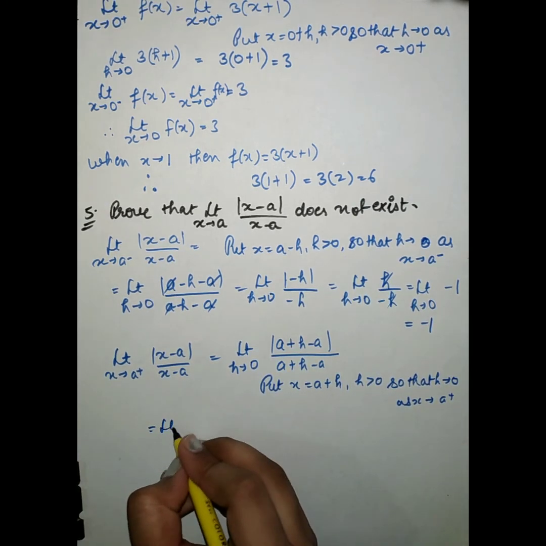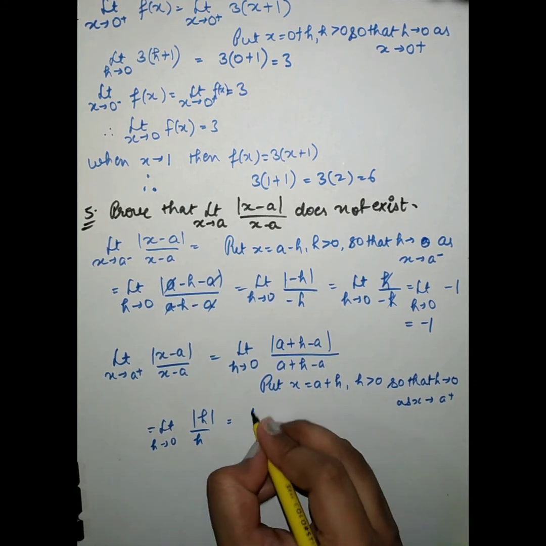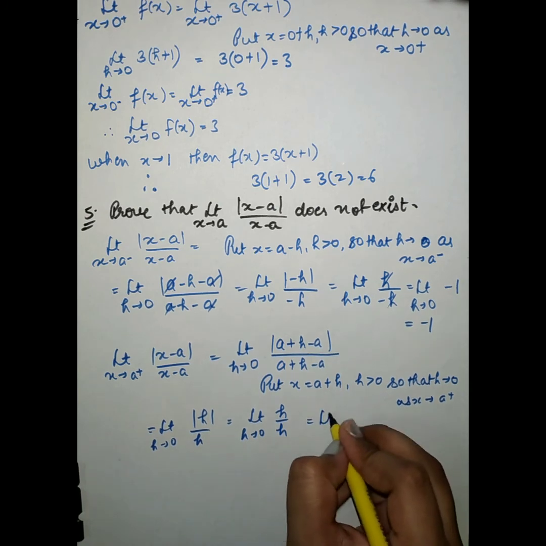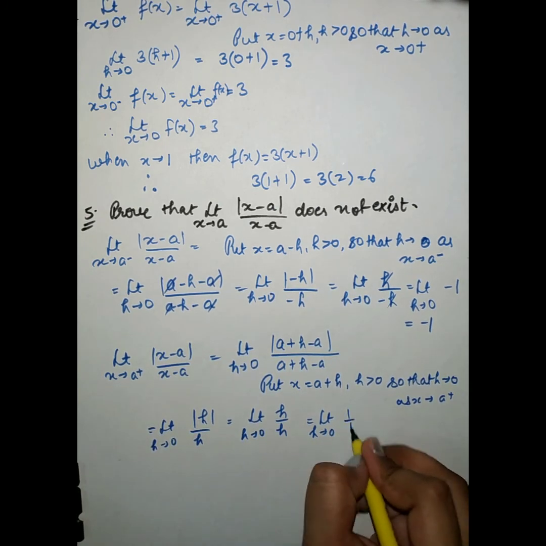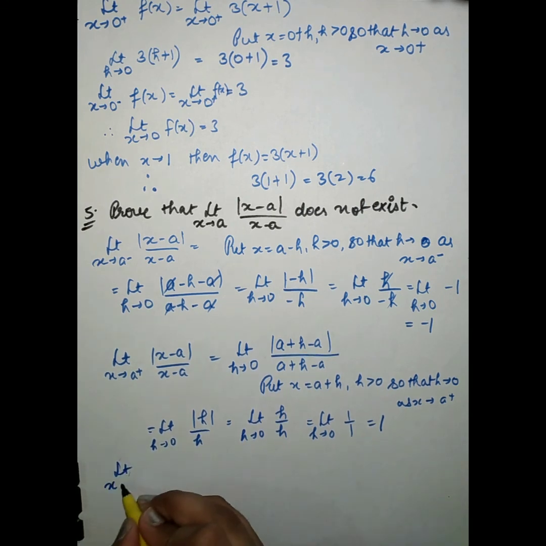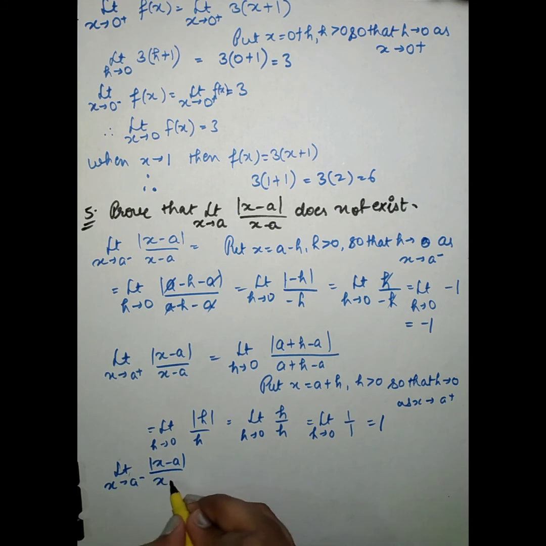Then it will become limit h approaches to 0, |h| upon h. It will become limit h approaches to 0, h upon h. It will become limit h approaches to 0, 1 upon 1. It will become 1.